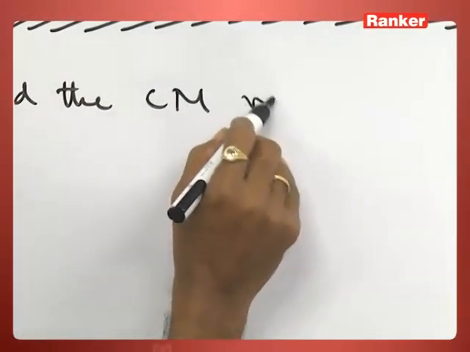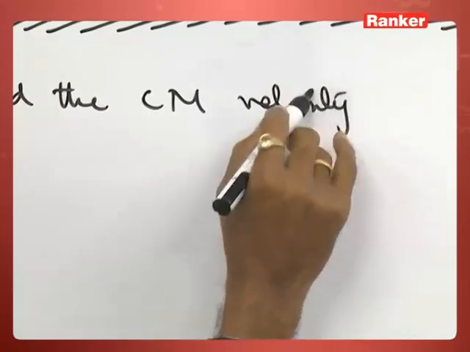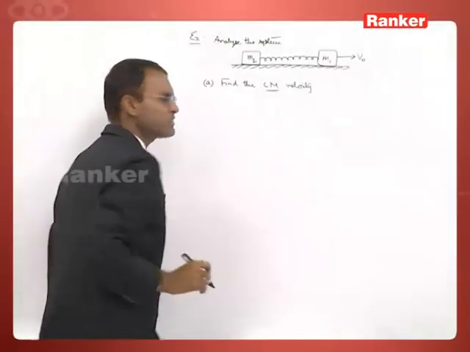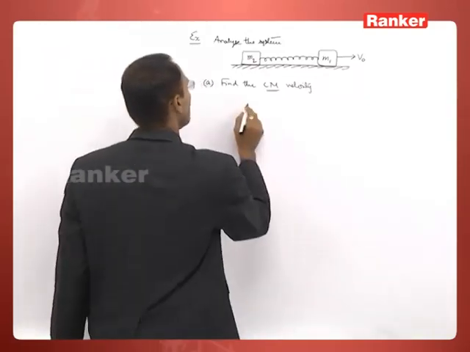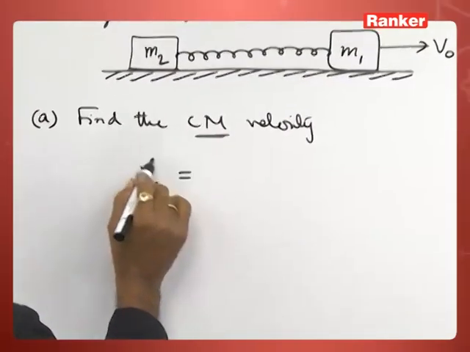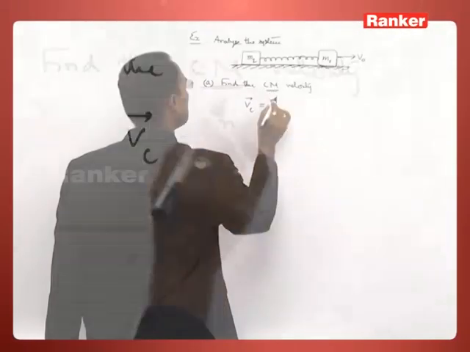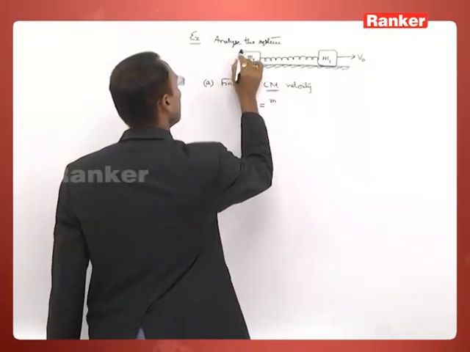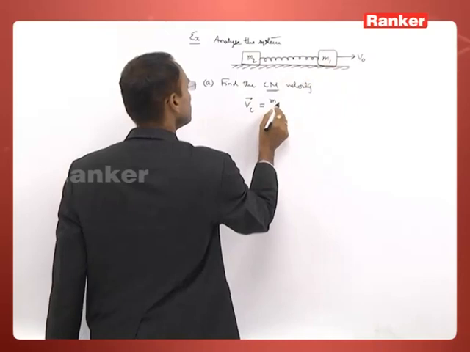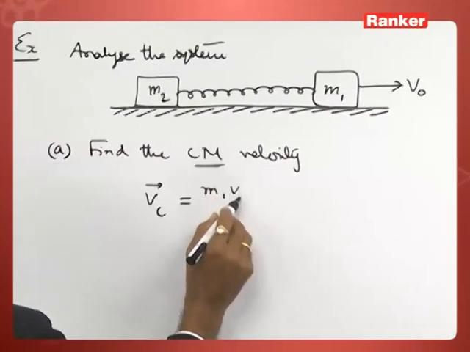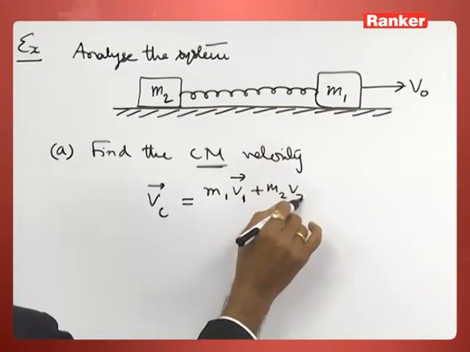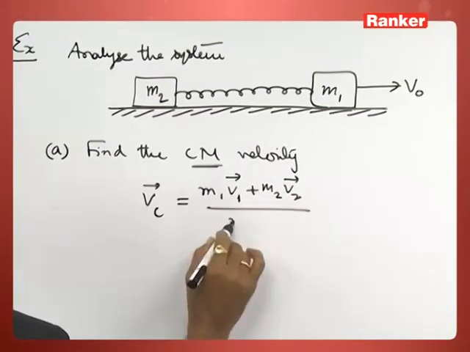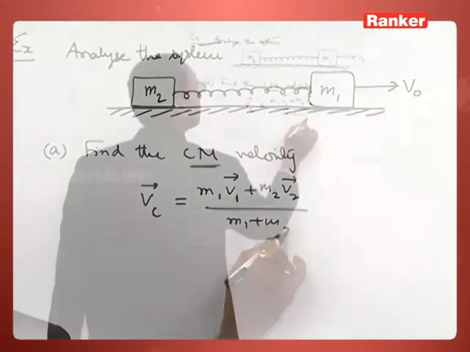Find the velocity of the center of mass. Center of mass velocity can be given by the simple formula m1 v1 plus m2 v2 by m1 plus m2.